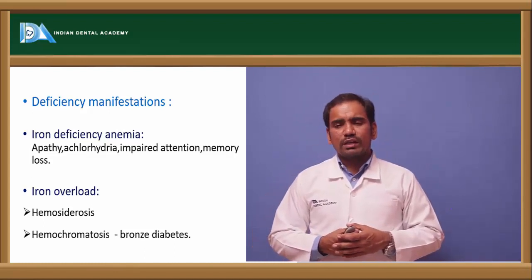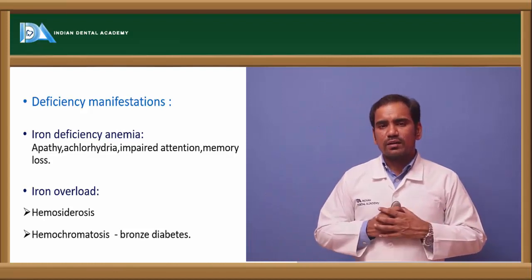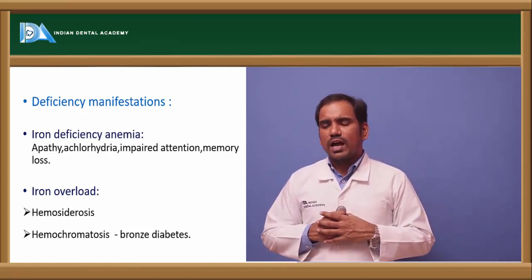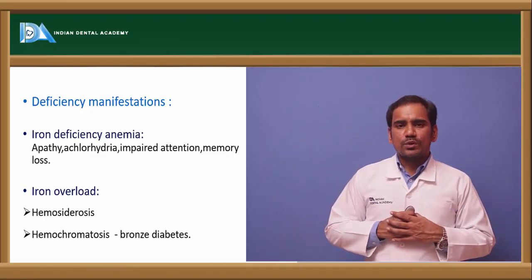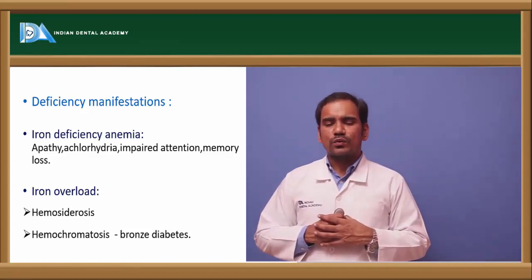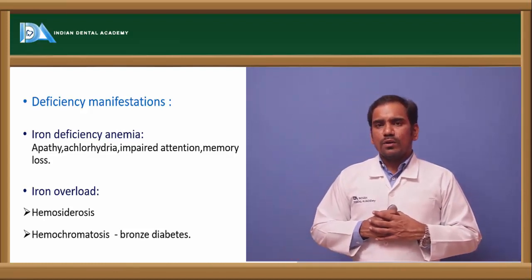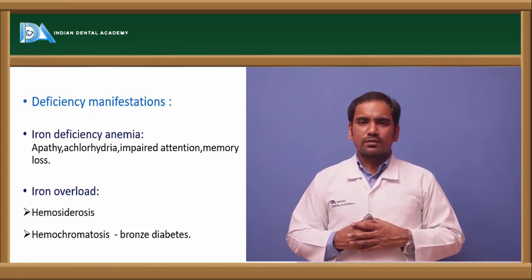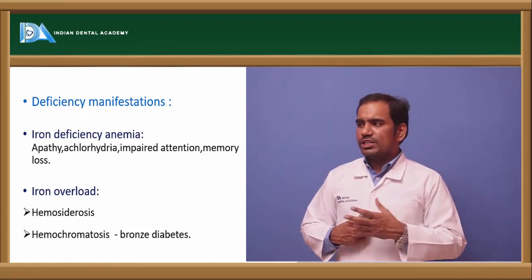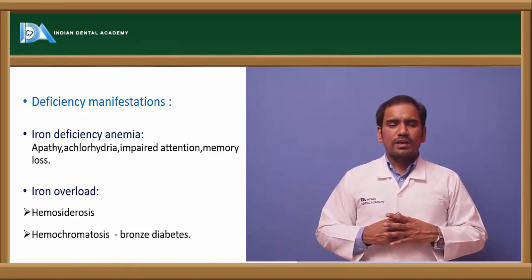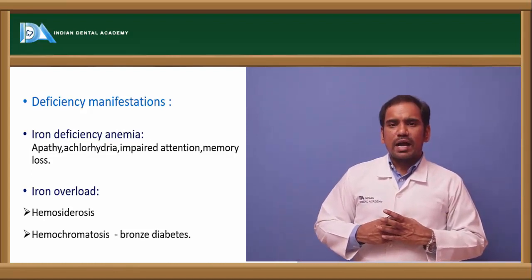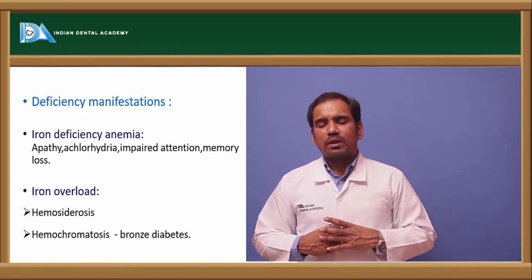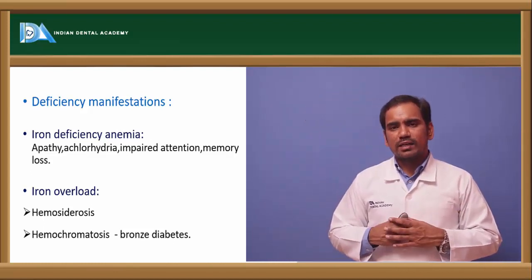Iron overload. Whenever you take an excess amount of iron, that leads to a condition called iron overload. Hemosiderosis and hemochromatosis are the two forms of iron overload. Hemochromatosis is what you call bronze diabetes. So what is bronze diabetes? Iron gets deposited in the pancreas and leads to pancreatitis.